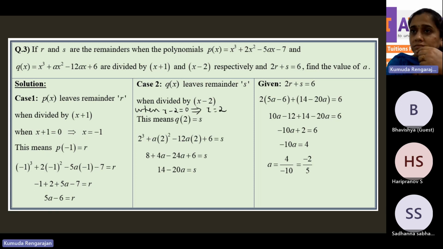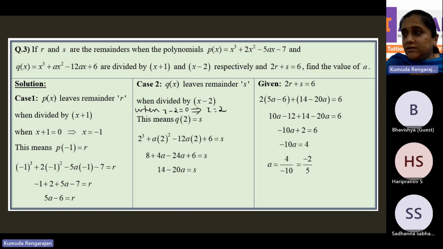Understand what they've written? Online students, finish writing? Yes, miss.